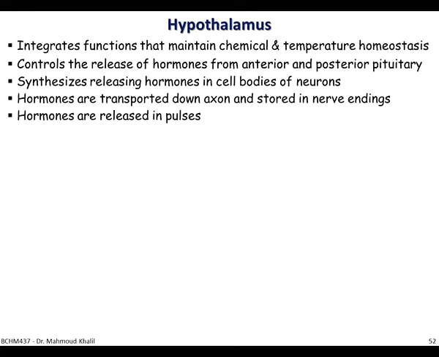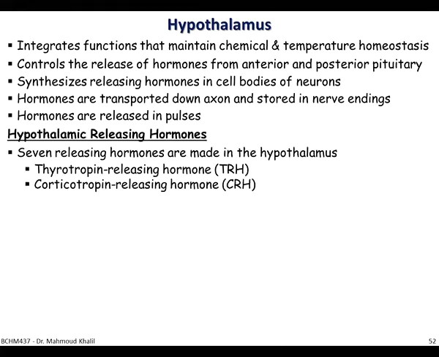These hormones are transported down the axon of the neuron and stored in the nerve endings of those neurons. Then these hormones are released in pulses. So you have the hypothalamic releasing hormones.